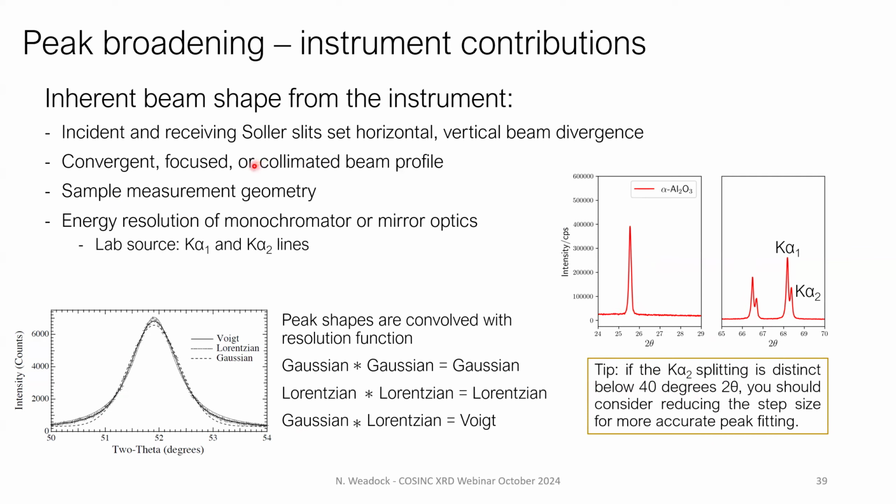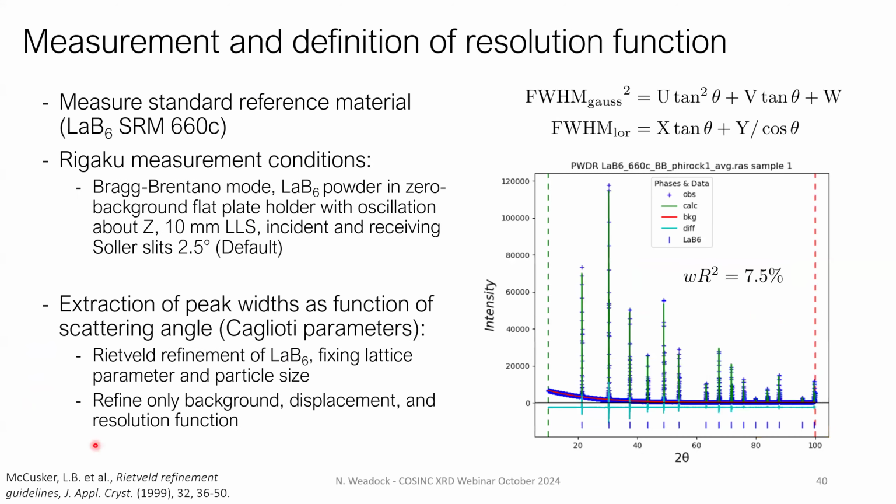This instrument resolution will be involved with the broadening from your sample and again complicate the peak shape analysis. But luckily, we can just measure the resolution function of our instrument. I use a NIST standard reference of lanthanum hexaboride and calculate, as a function of theta, the broadening from our instrument.